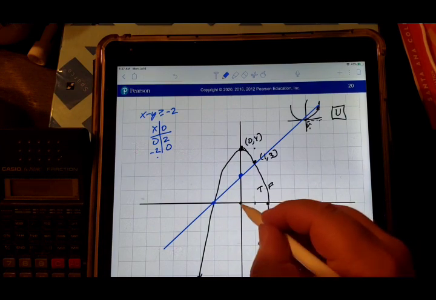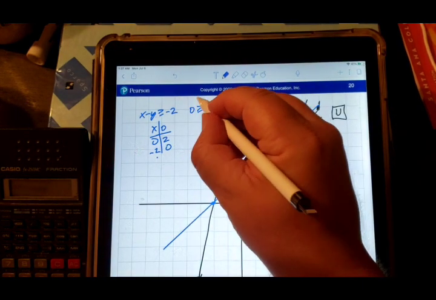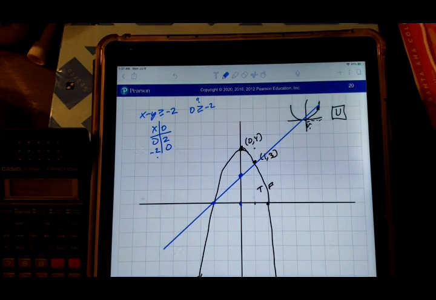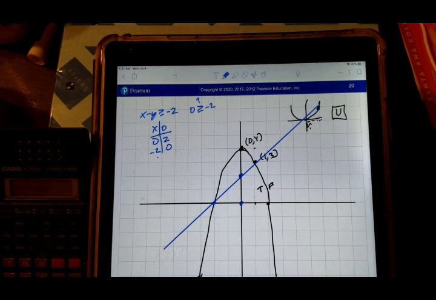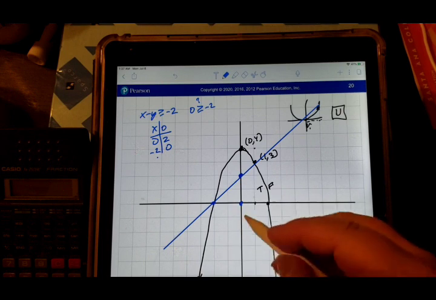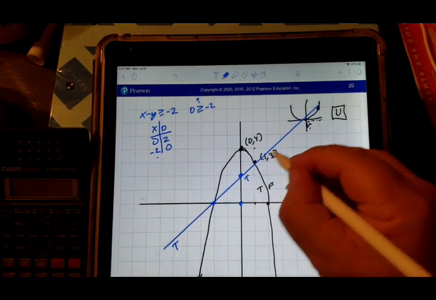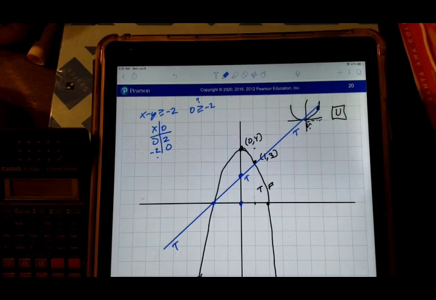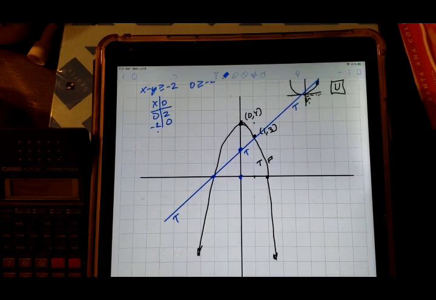Going through those 2 points. And the test point, 0, 0. 0 is greater than or equal to negative 2. That is true. So here's my test point. And on the boundary, this is true. Now I'm going to put true here, and I'm going to put true here. And this is what I was talking about. You don't really know in advance which T is going to help you the most.